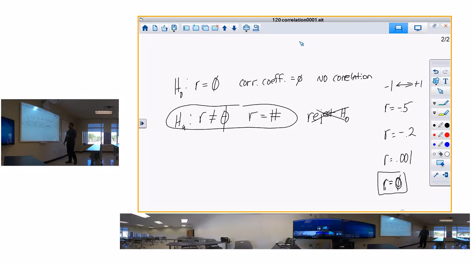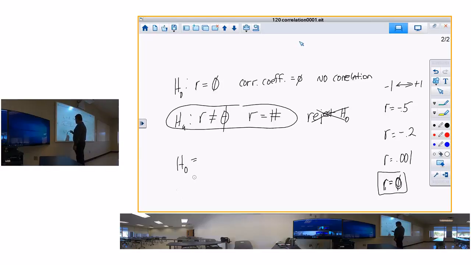Now, if they say there is a correlation as the null hypothesis, then R is not equal to 0. So your alternative hypothesis would be R is equal to 0. So if you come out with R is equal to 0, then you reject the null hypothesis.